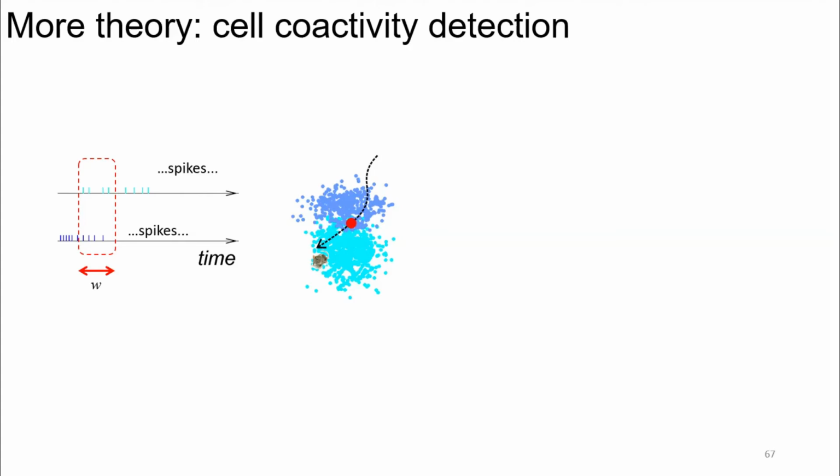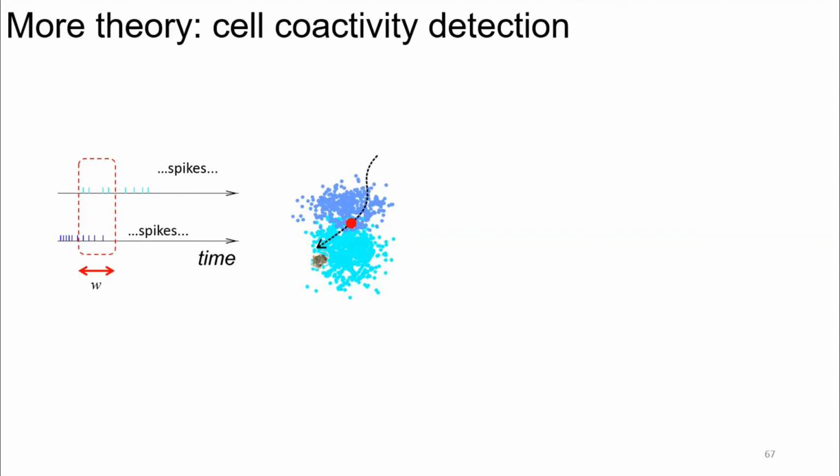I'm observing spike activity of one cell and another cell over a certain period of coactivity, W. You can imagine that if this W changes, the entire picture is going to change very significantly. If W is too small, you require two cells to be coactive over a small period of time, and such coactivities are difficult to detect, and vice versa. If W is too large, you may detect wrong coactivities.